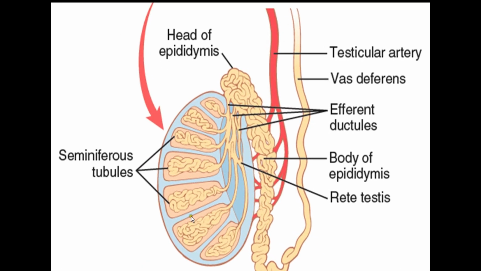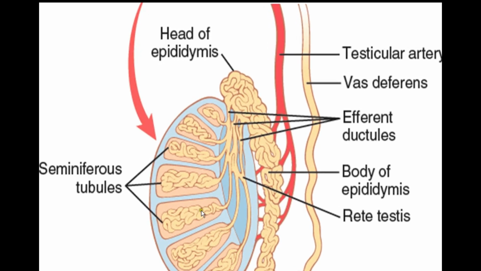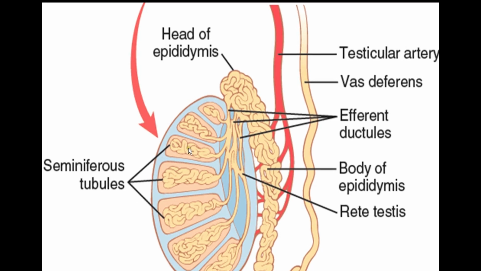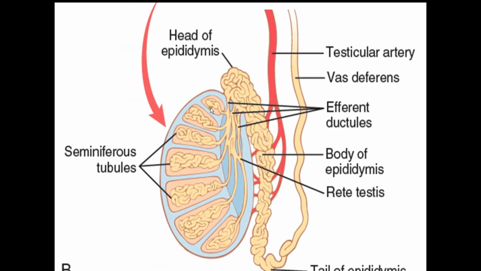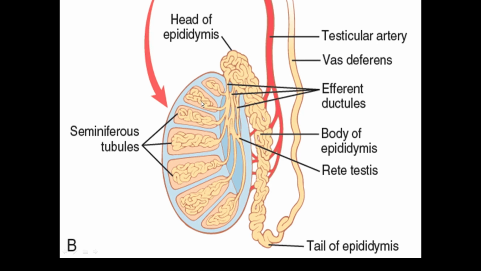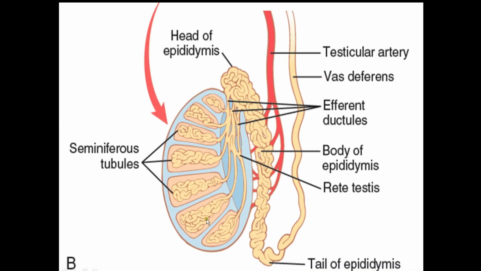In the testes there are about 900 coiled tubular structures, the seminiferous tubules, in which sperms are formed, and each one is about 1.5 meters long. Sperms are formed in the seminiferous tubule and pass on to the epididymis.